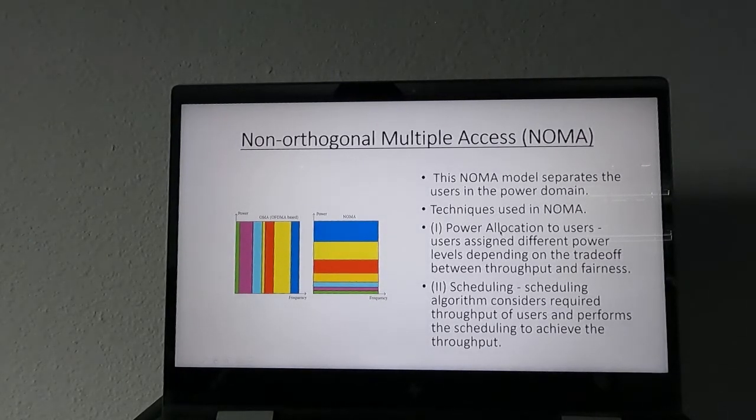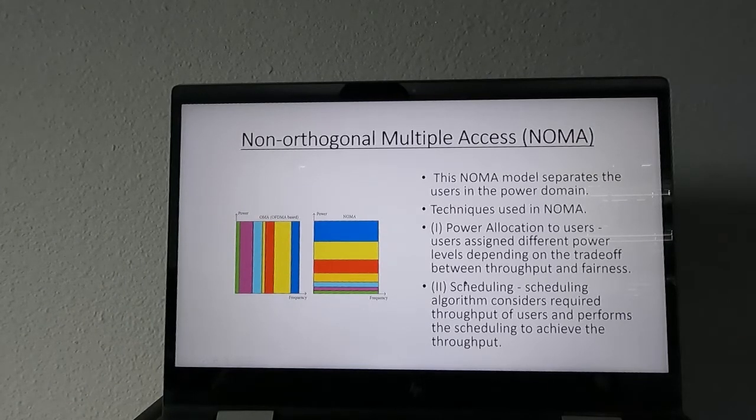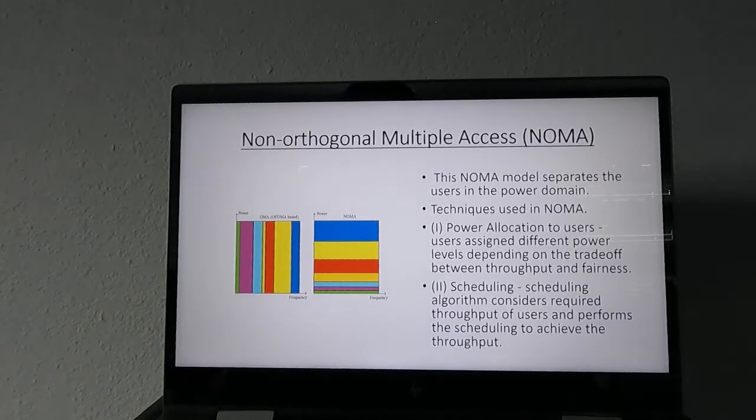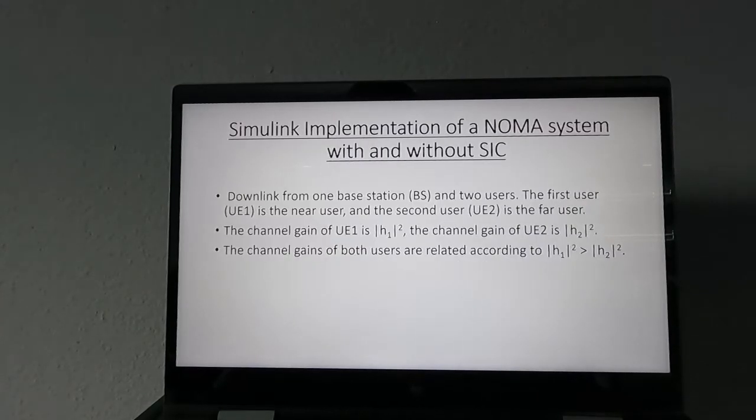In power allocation, different users get different power assigned to them depending on the throughput and fairness required. And scheduling is used depending on which user has a higher priority with respect to the required throughput.